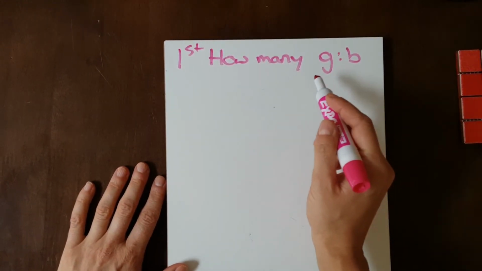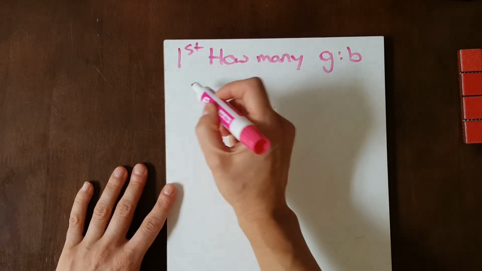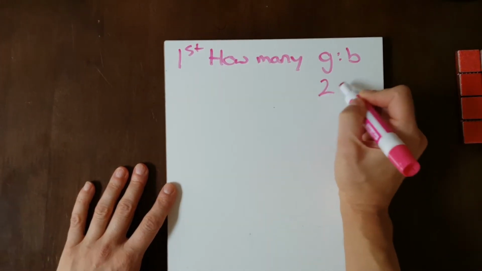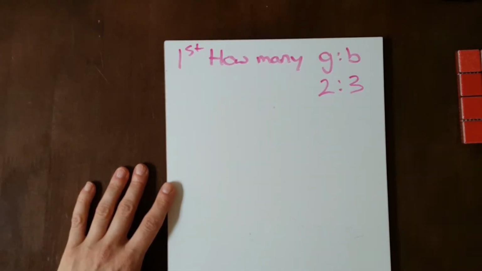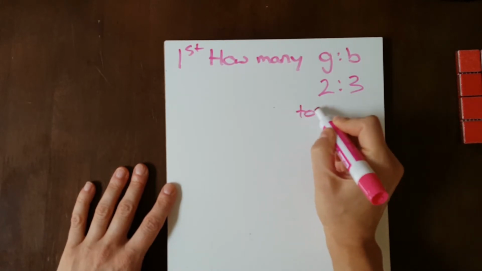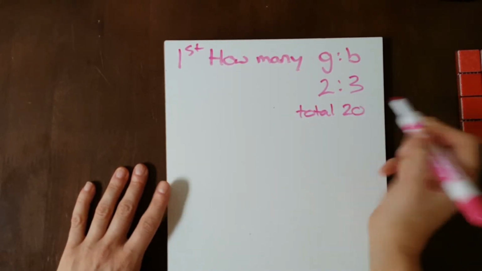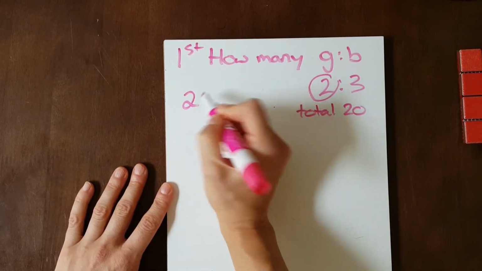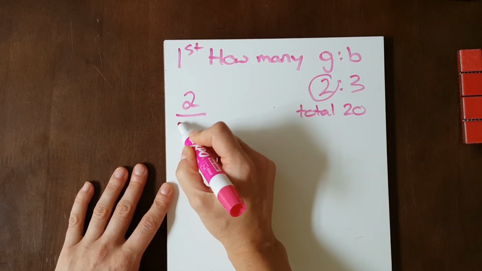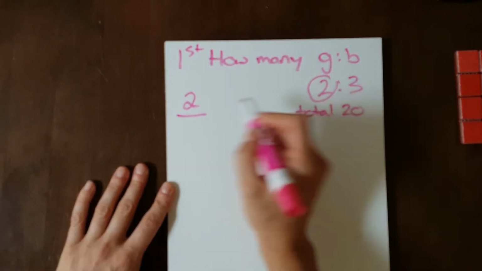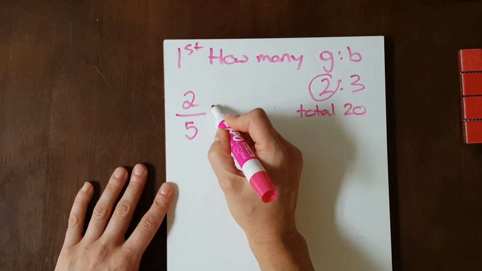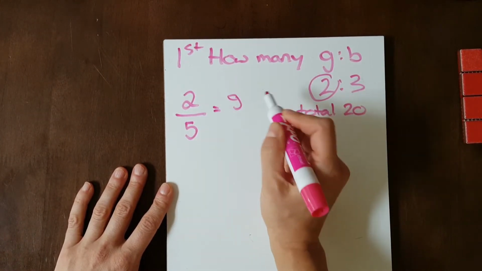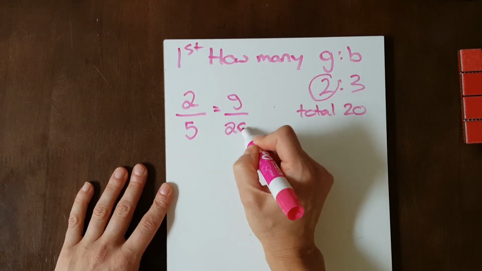Before, we had girls to boys in a 2 to 3 ratio and the total is 20. So if I isolate the girls, I know that girls to total is 2 to 2 plus 3, which is 5. So girls to total, and now we have our girls to our total, which would be 20.